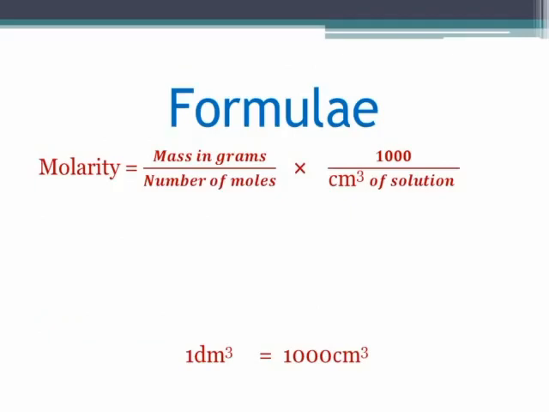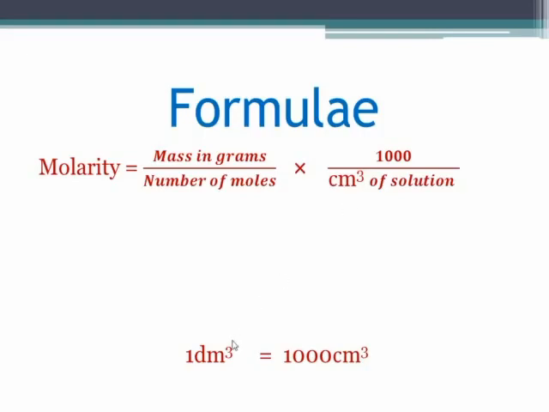Third formula is molarity is equal to mass in grams divided by molar mass multiplied by 1000 divided by centimeter cube of solution. In this case, you have to find out in the statement of numerical if centimeter cube or decimeter cube are given. If centimeter cube are given, then you have to write it in this form.